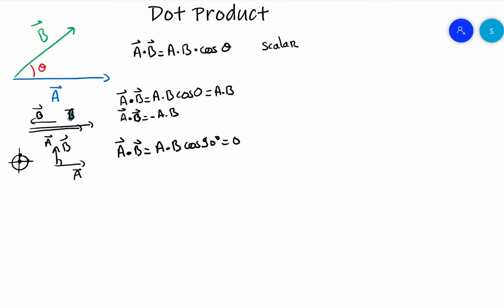So the dot product of two perpendicular vectors is always 0.